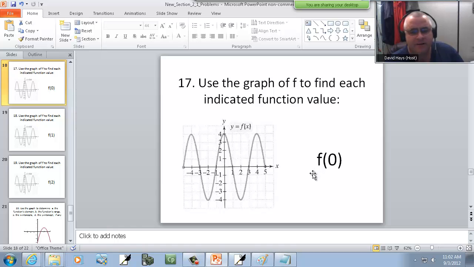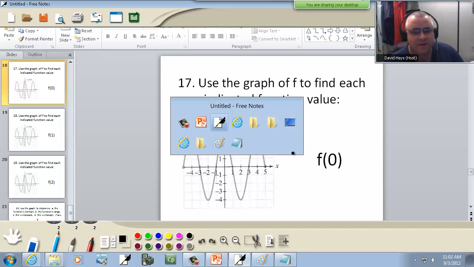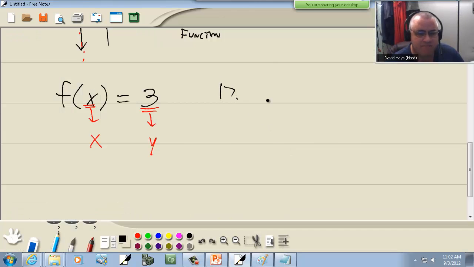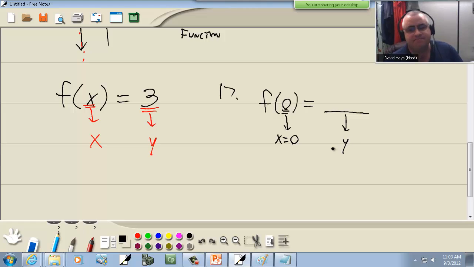Okay. So we're trying to find what f of 0 is. Number 17. Now, we're trying to find out what that is, so this is like question mark right here. Now, again, whatever's inside the parentheses is going to be our x. So they're telling us x is equal to 0, and they're trying to find what y is.